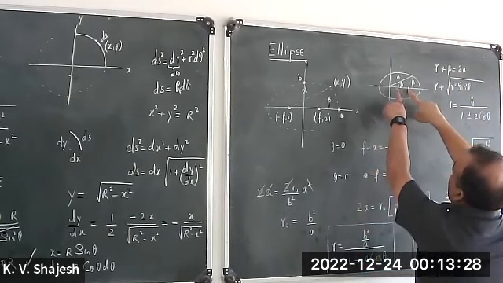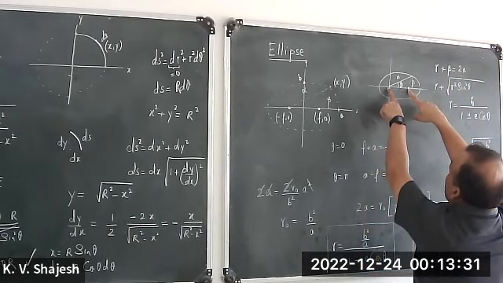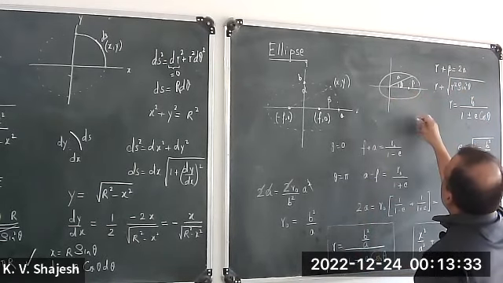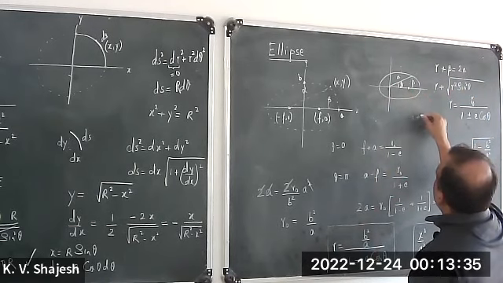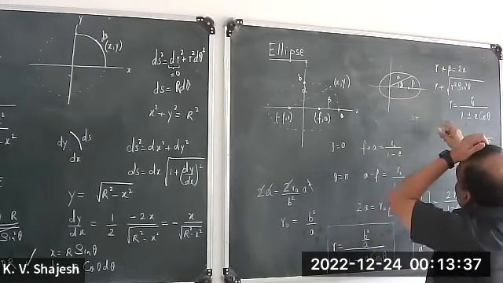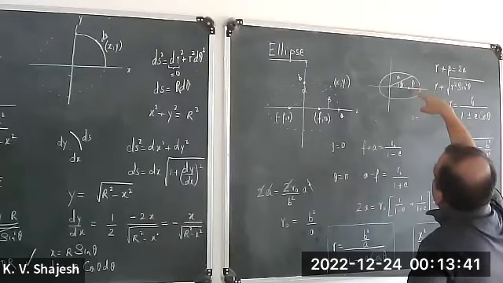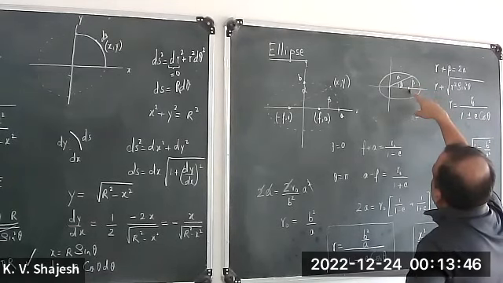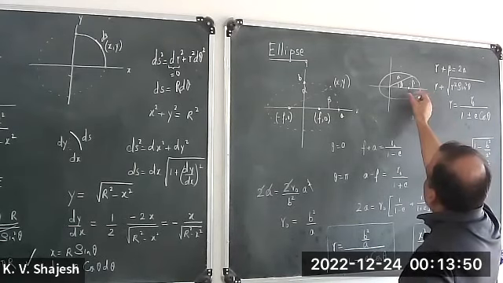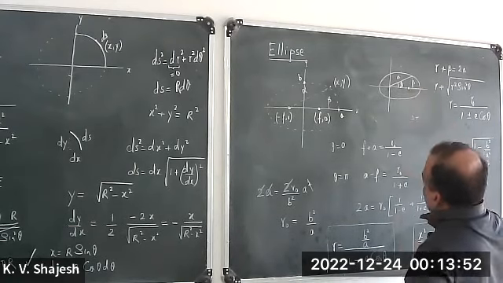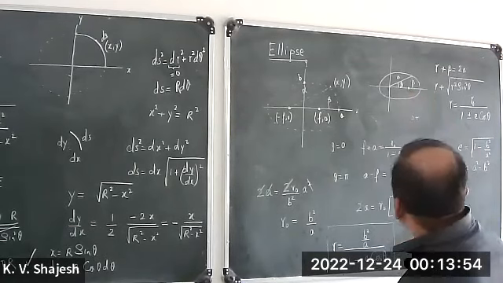This distance is 2 times f, and that is a plus f, so that's r cosine theta. I want this distance out. Help me here again.